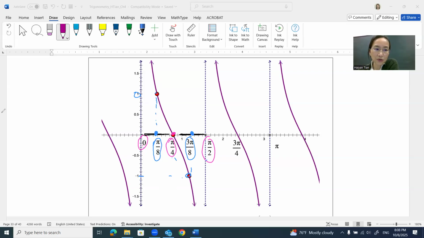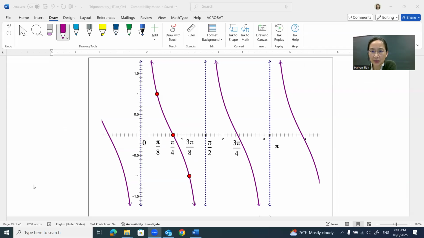So we get 3 key points. Using this rule of partition, we get 3 key points, just like for the tangent function. We get a decreasing curve over this one period, and then extend it.